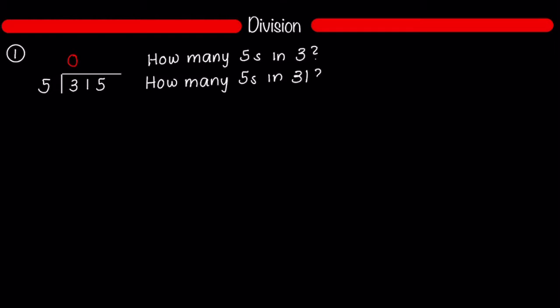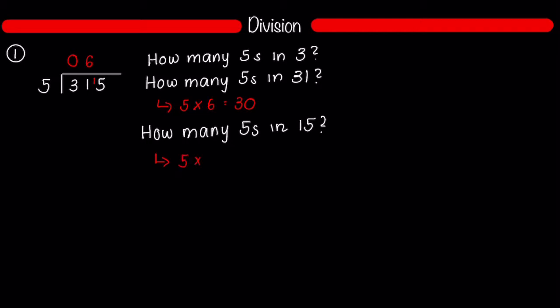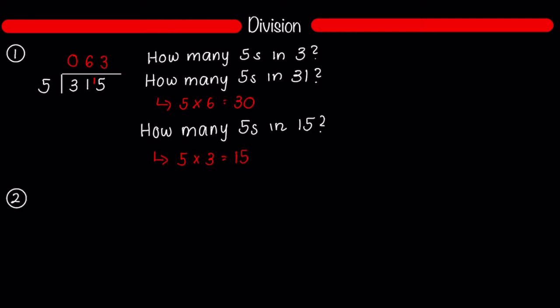We know our times tables, so 5 times 6 gives us 30, so we put 6 on the top, and we have remainder 1. Now we ask ourselves, how many 5s are in 15? If you know your times tables, 5 times 3 gives us 15, so you put that on top. And now we know 315 divided by 5 gives us a total of 63.